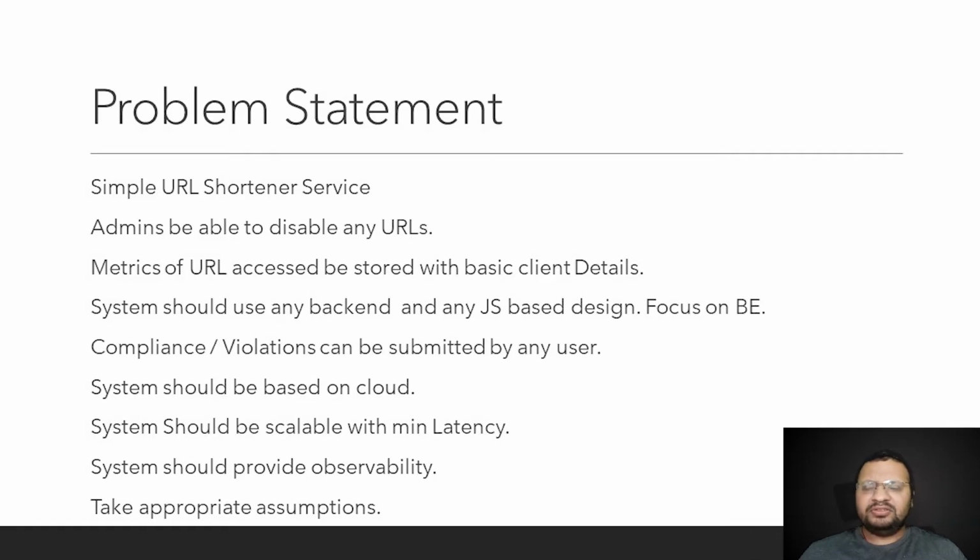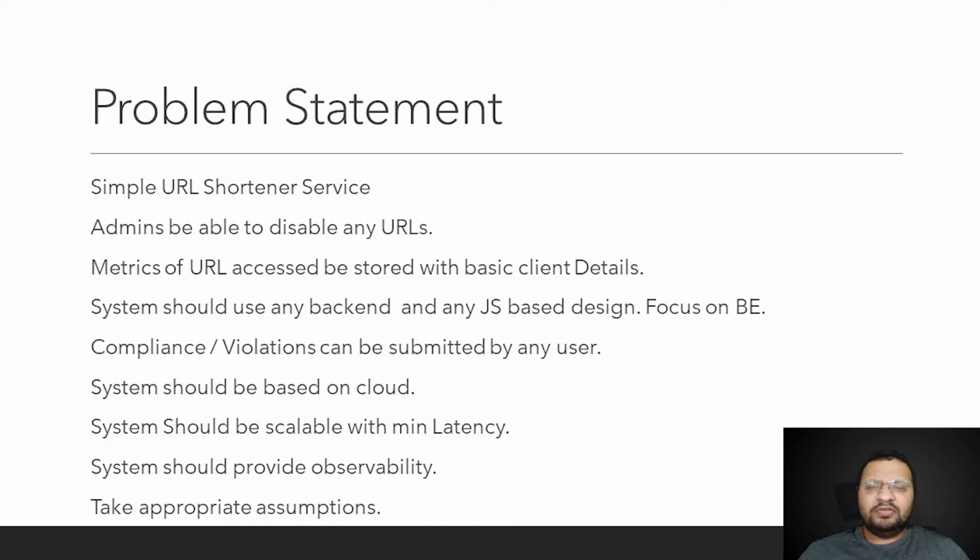As you can see on the screen, what we need is a very simple URL shortener service. The user clicks a short link and is redirected to a defined resource or URL. We need some sort of compliance around that, so that violations can be submitted by any user for a particular link, and then actions can be taken by the admins.